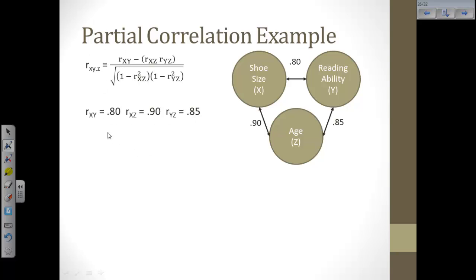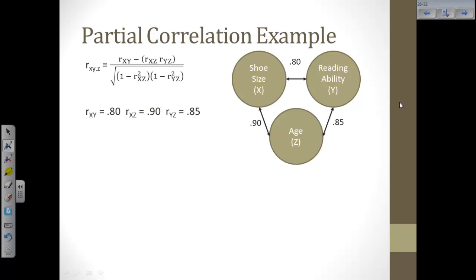I'll tell you what the correlation coefficient between x and y is, or in this case, shoe size and reading ability. 0.80 is the correlation there. I'll give you the correlation coefficient between x and z, so your independent variable and then that third variable that's related to both. So in this case, x and z, shoe size and age, correlation of 0.90. And I'll also give you the correlation coefficient for y and z. So in this case, reading ability and age, 0.85.